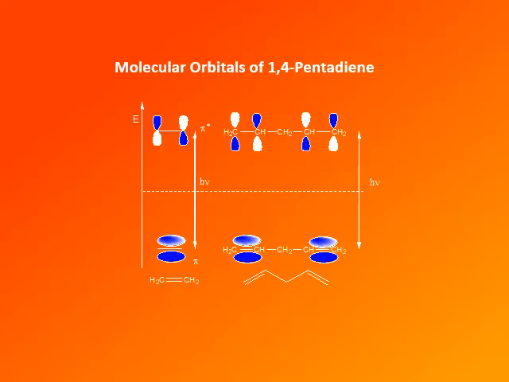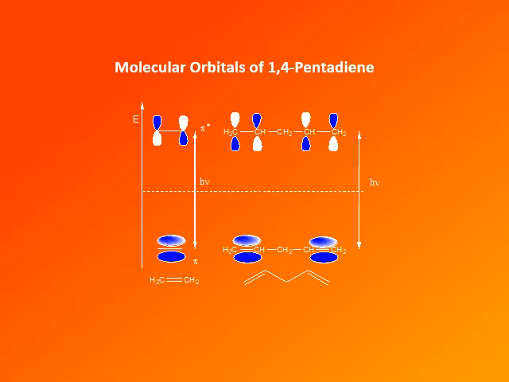When we compare molecular orbitals of 1,3-butadiene with molecular orbitals of 1,4-pentadiene, we can see that the situation is very different. In 1,4-pentadiene, we have simply individual molecular pi orbitals, and they are identical to the molecular orbitals of ethene. So each double bond is on its own.